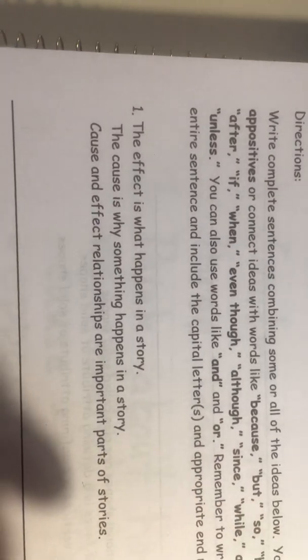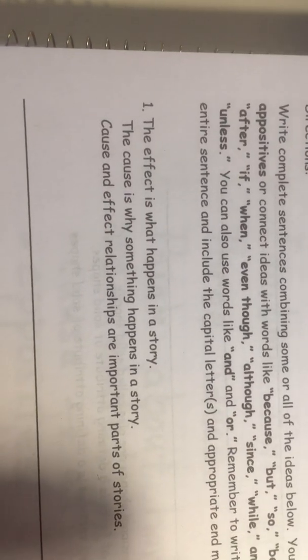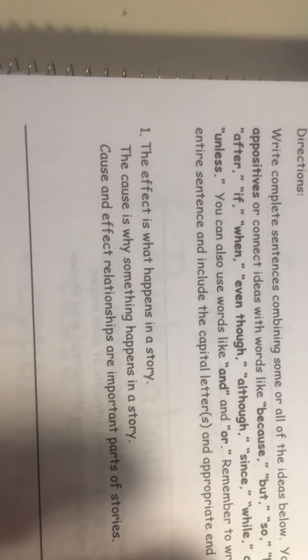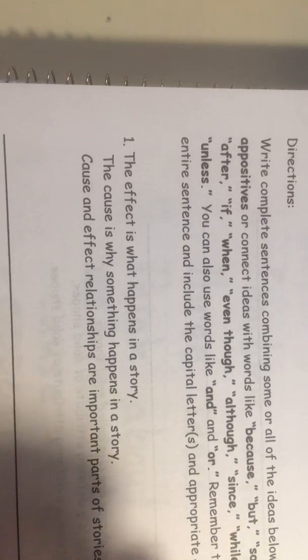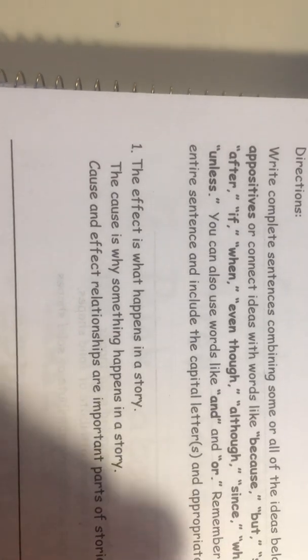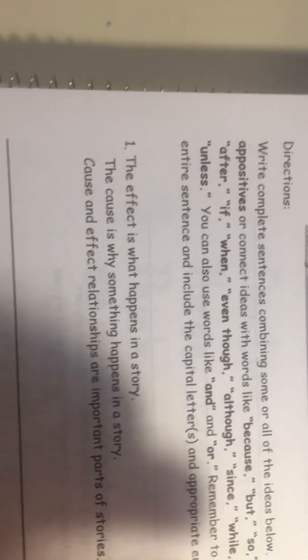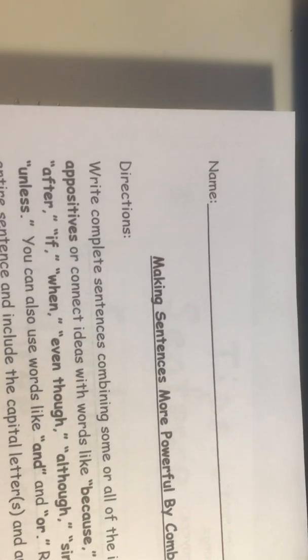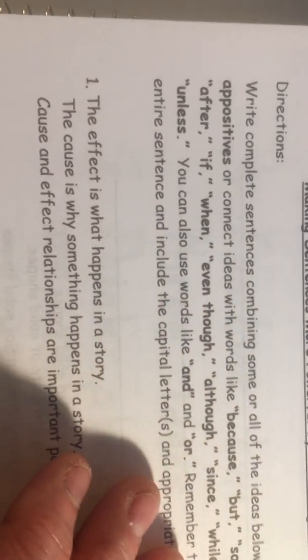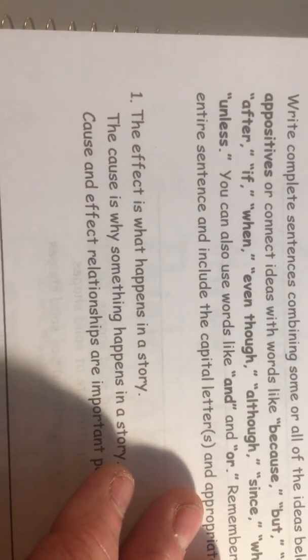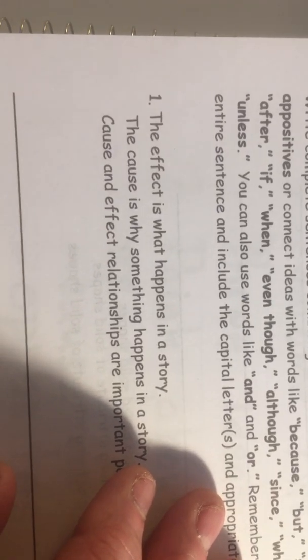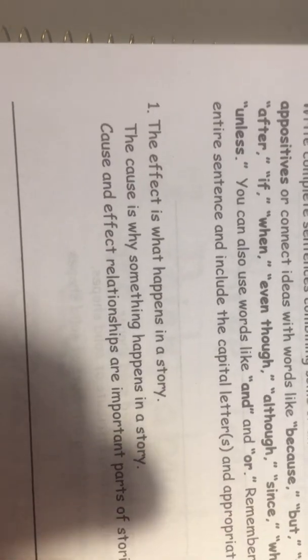I have been giving you 3 similar ideas that are all kind of about the same general topic. You do not always have to combine all 3. Sometimes it makes more sense just to combine 2. So if that's the way you decide to make your sentence more powerful, that's great. Just make it a really powerful sentence combining 2 ideas, okay?